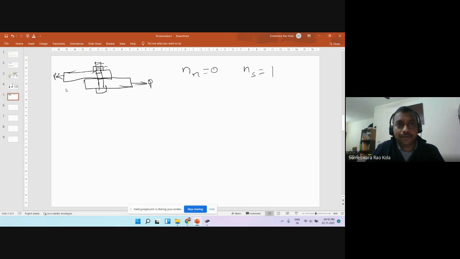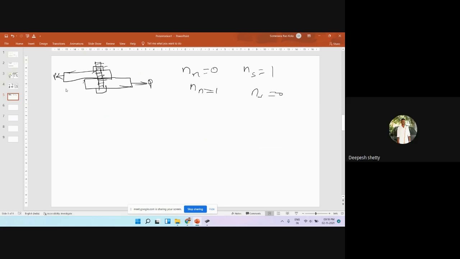But if your bolt has threads throughout, for some reason, this scenario will reverse. So we will have nn equal to 1, ns equal to 0, right? Depending on the situation, you should be able to identify what is nn and what is ns. nn is the number of shear planes passing through the threads, and ns is the number of shear planes passing through the shank, that is without thread. Now, in any scenario, can both values be the same?